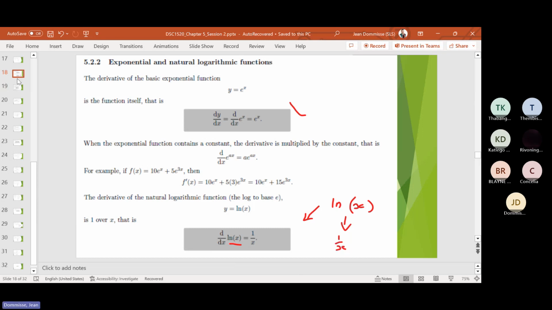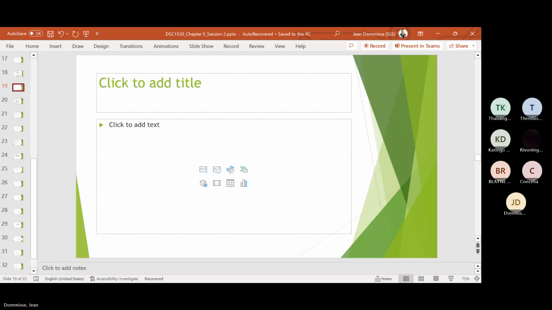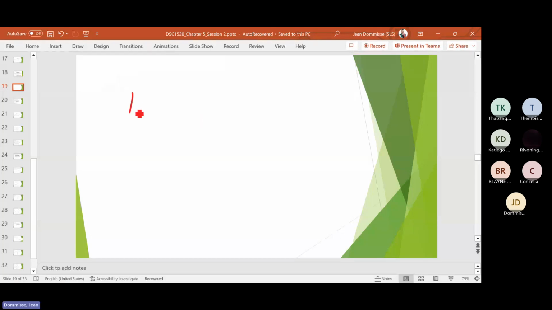So if we have something like ln 5x, it will become 1 over 5x.